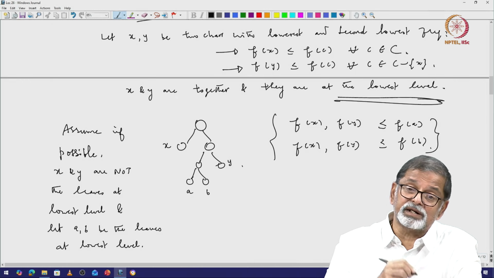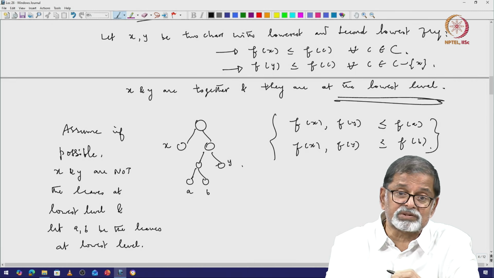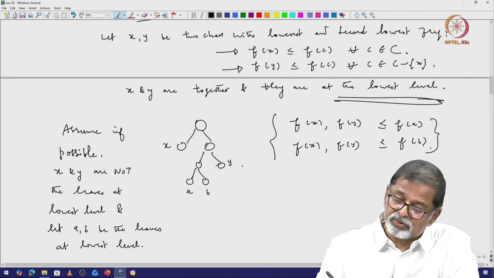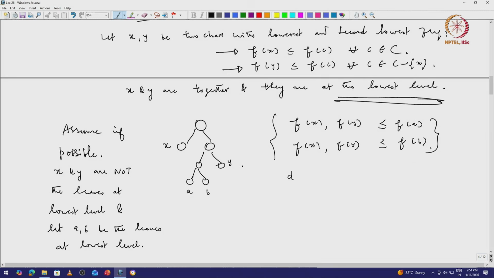And we are assuming that x is not at the lowest level. Therefore, depth of A in T is greater than depth of x in T. X is not at the lowest level. At the lowest level, there are some other characters, A, let us say.